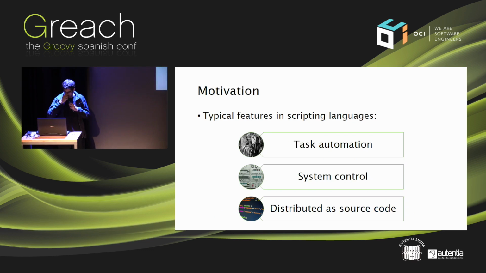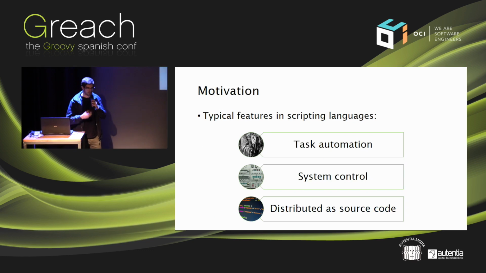First of all, there are three typical features in scripting languages. The first is task automation. This means that we can execute tasks without user interaction. The second one is system control.